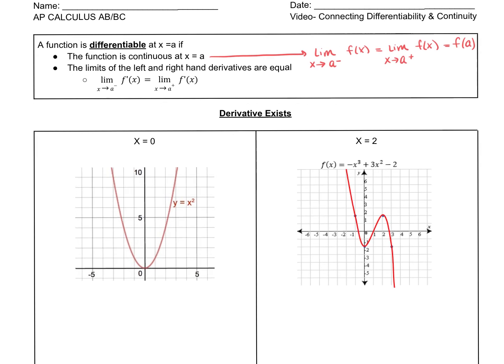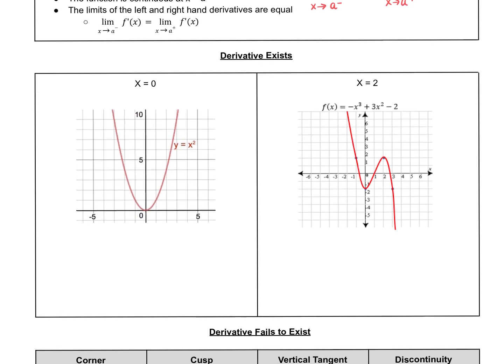So I just want to show you a couple of examples of where the derivative exists. Here we obviously have a continuous function, right? There's no need to pick up the pencil, and there's no need for me to prove it algebraically. This is more of just an example about if the derivative exists. So at x equals 0, if I want to prove if the derivative exists, we're going to use the formula.